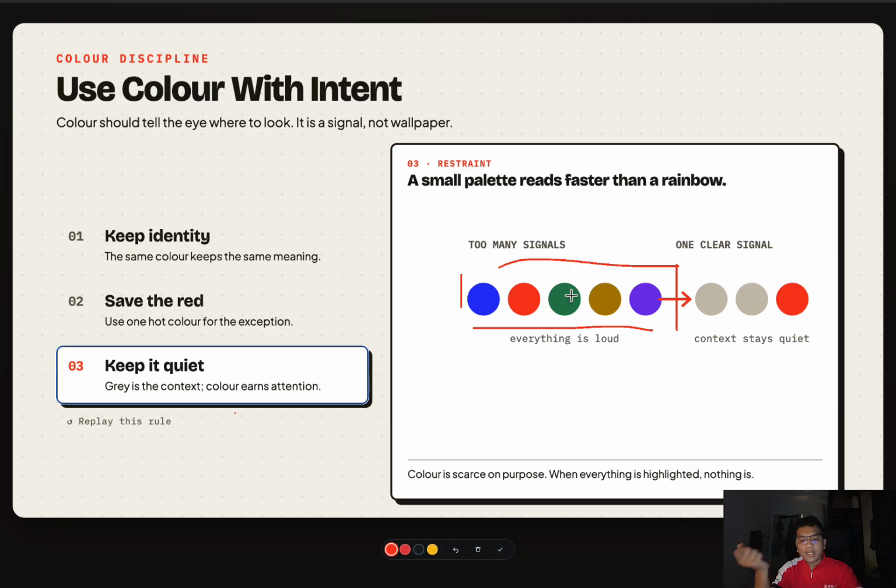Again, one of the reasons why we need to be very good at storytelling is to drive action. Even in data analytics, we need to ensure our dashboard is actually driving an action. But if your dashboard has so many colors like this, it has so much noise and so many signals.